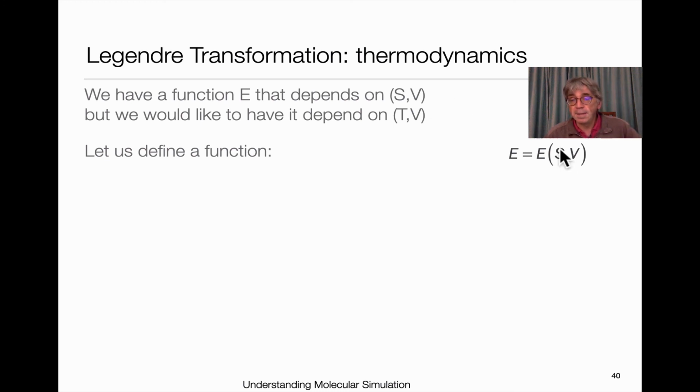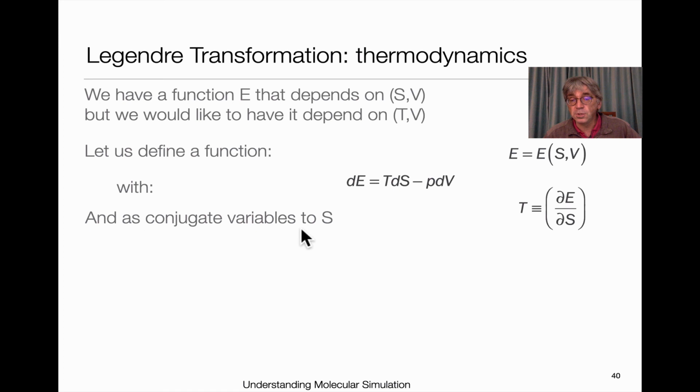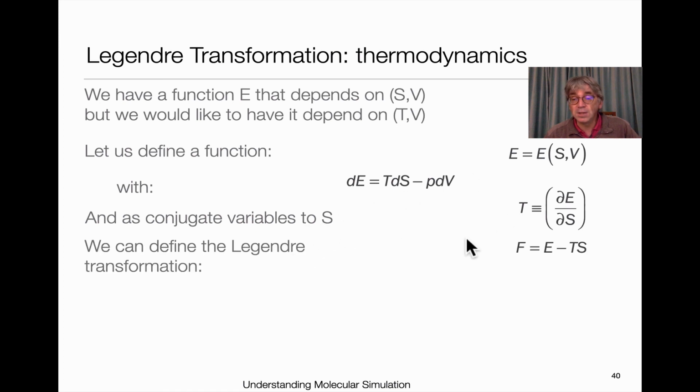So we had this function, the energy, which depends on the entropy and the volume. And with this formula from the first law, the conjugate variable of S is T. So a Lagrangian transformation is basically this original function minus the product of the variable you want to get rid of, the S, and its conjugate variable.